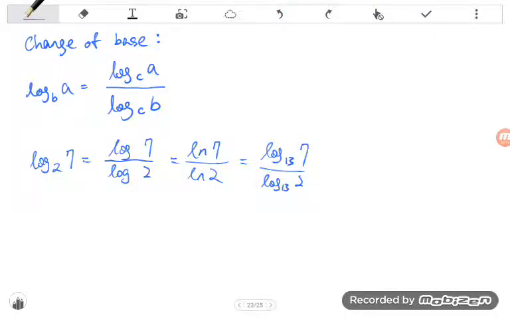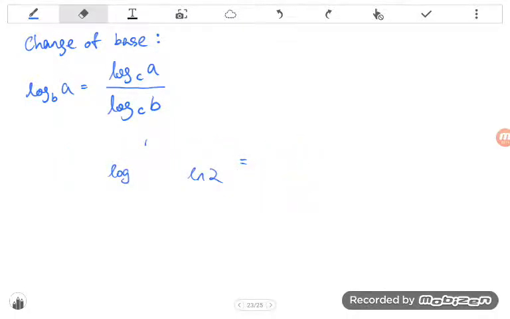Let me remove the example here. Let's say I have b to the power of y is equal to a.